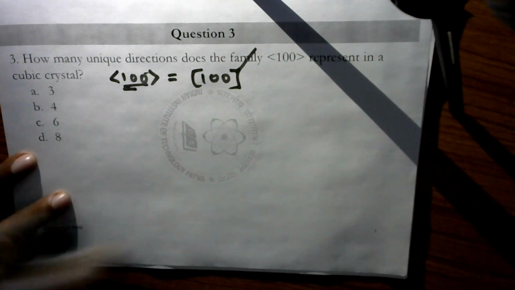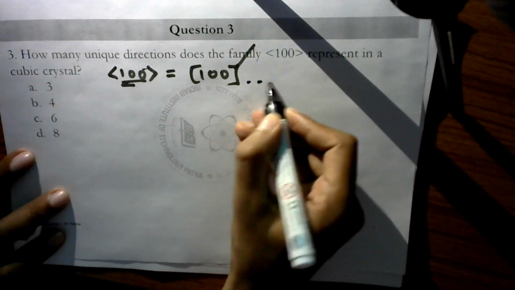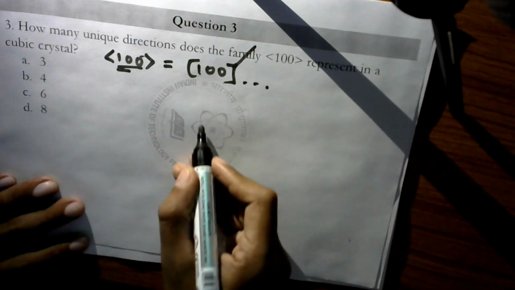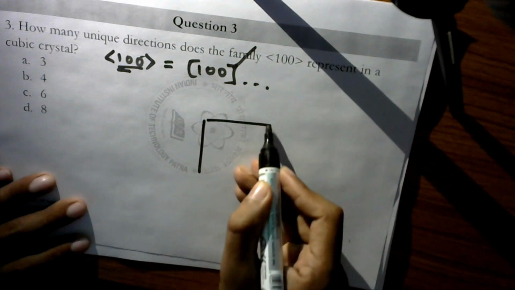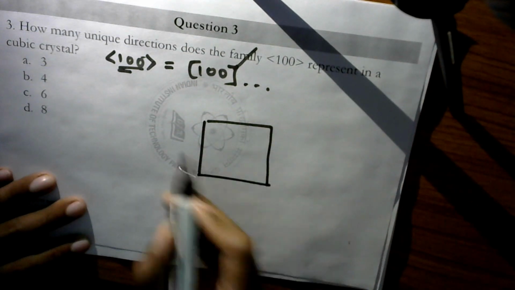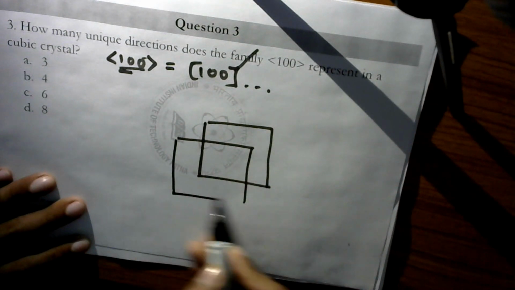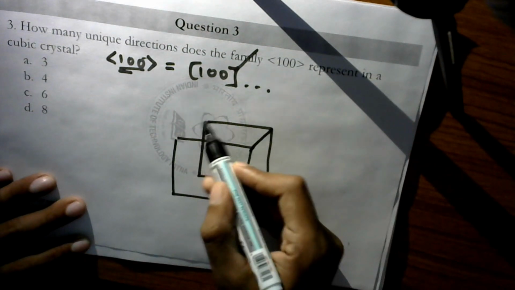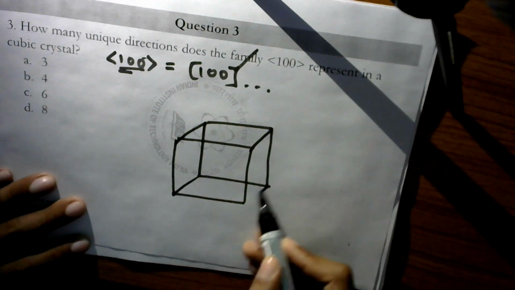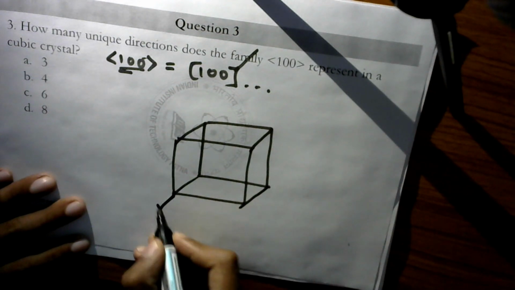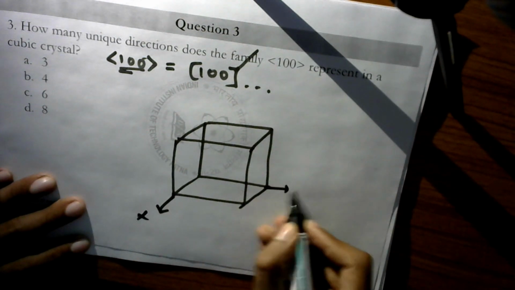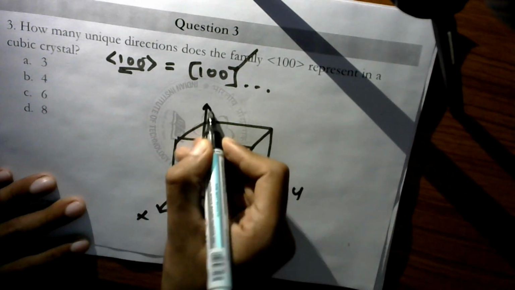We have to count what else is there. So let's make a cube. This is my x direction, this is my y direction, and this is my z direction.